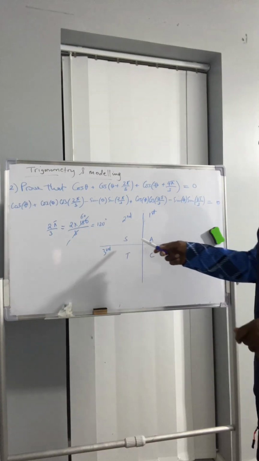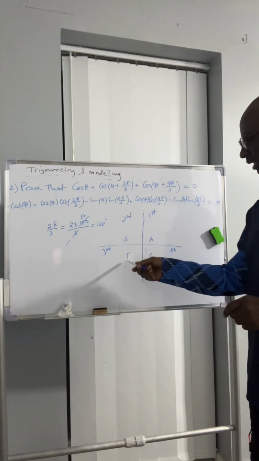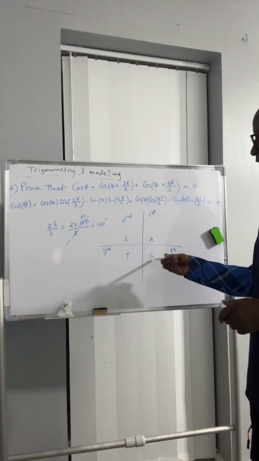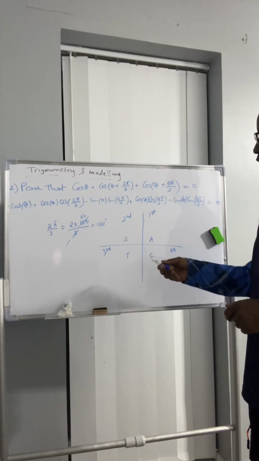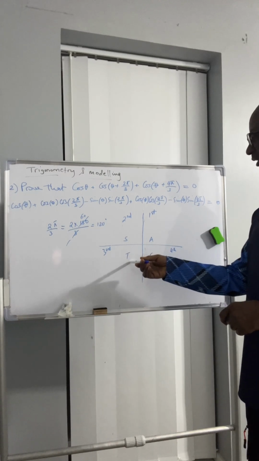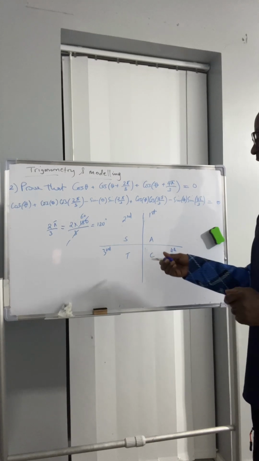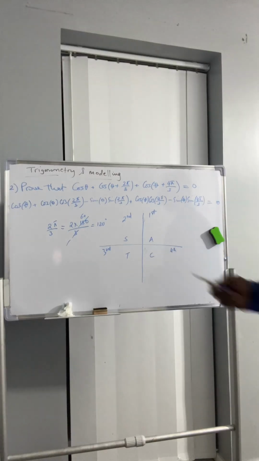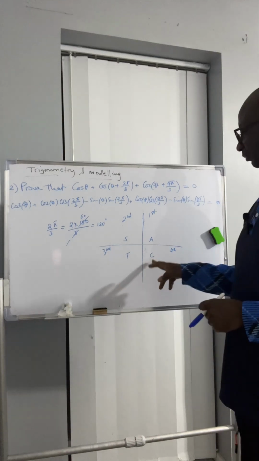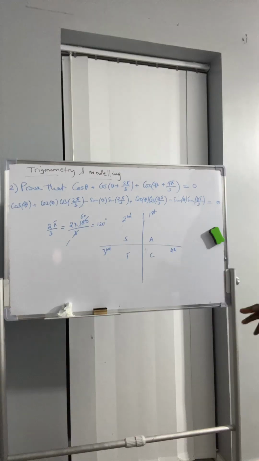In the second quadrant, this S means sine. Only sine is positive here. Likewise, here only the tangent is positive. The cosine and sine are negative here. Here only the cosine is positive, so the sine, the tangent, the cotangent, the secant are all negative here. Only the cosine and secant are positive. You have 6 trig identities. Let's stay with sine, cosine, and tangent.